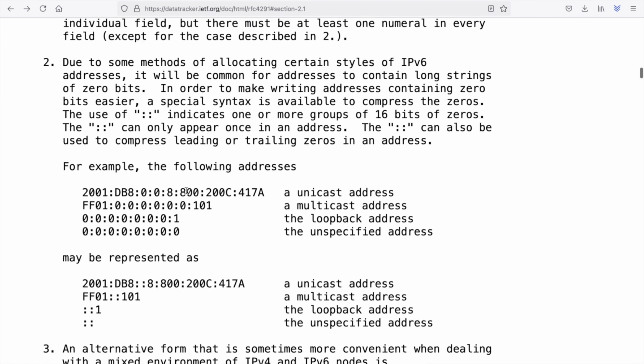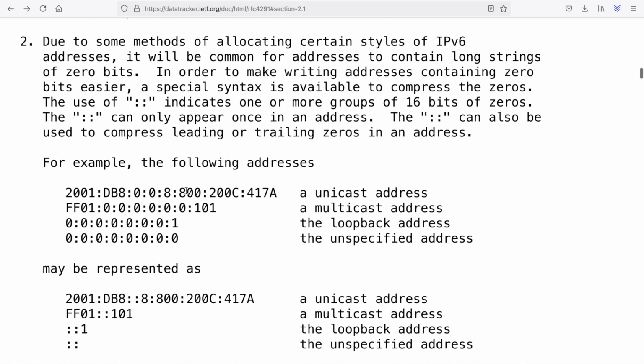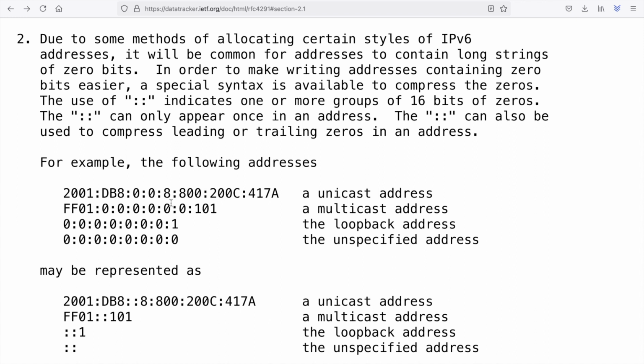We'll see few more examples here with the right way of representation. So it is important to understand what is the right way to compress or simplify the IPv6 notation. In the first example here, third and fourth hextet has consecutive zeros.